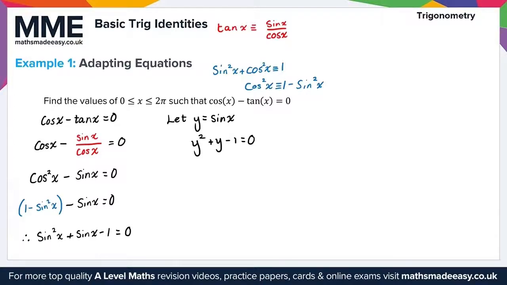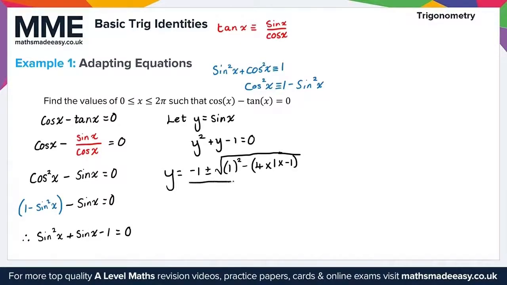However, for this example, it unfortunately does not factorize. So we need to refer now to the quadratic formula. Applying the quadratic formula to this quadratic in terms of y, y is equal to minus b, so minus 1, plus or minus the square root of 1 squared minus, and I put everything in a bracket, 4 times a, which is 1, times c, which is minus 1.